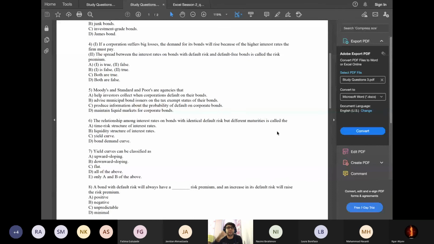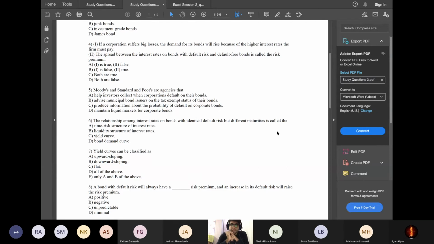Moody's and Standard & Poor's are agencies that produce information about the probability of default on corporate bonds. There are 3 agencies that produce this information: Moody's, Standard & Poor's, and Fitch Ratings.